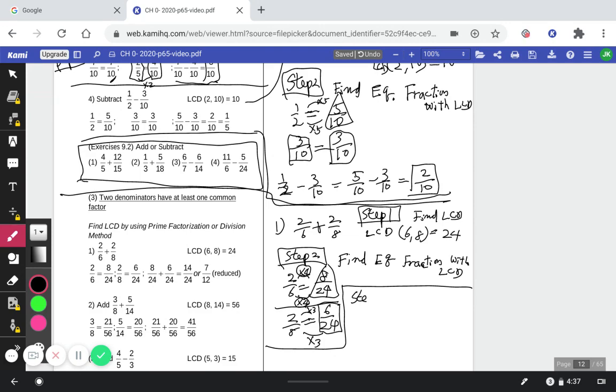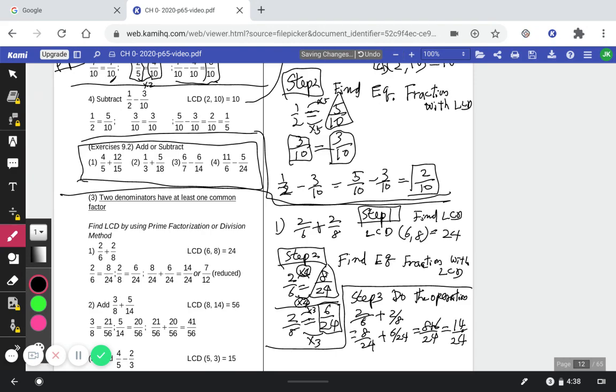Now step 3, do the operation. So 2/6 plus 2/8, replace with 8/24 and 6/24. So it becomes 8 plus 6 over 24. You end up with 14 over 24.